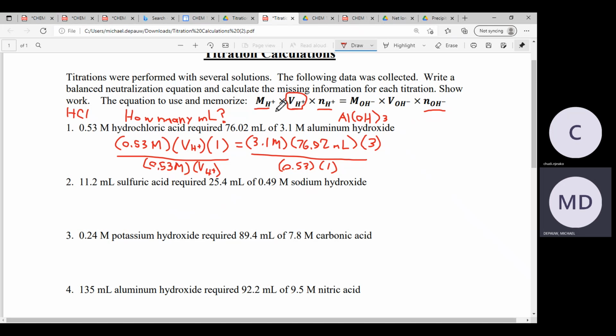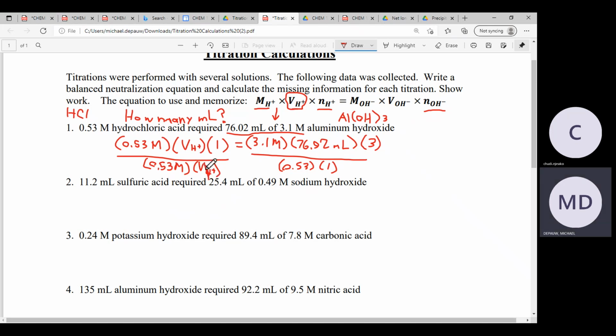But how do I know that 76.02 goes on the base side? Because it says 76.02 milliliters of 3.1 molar aluminum hydroxide, so that means that it is of the base. Does that help? Yeah. So look for those context clues.